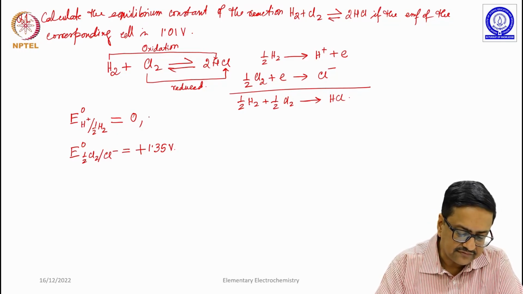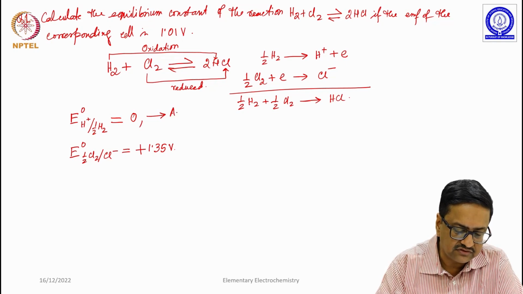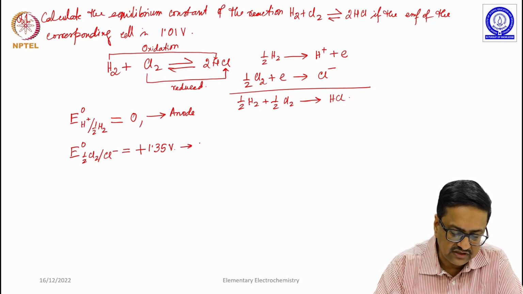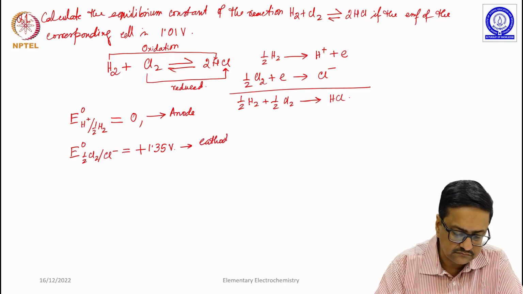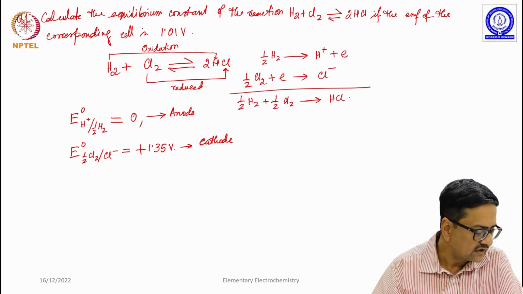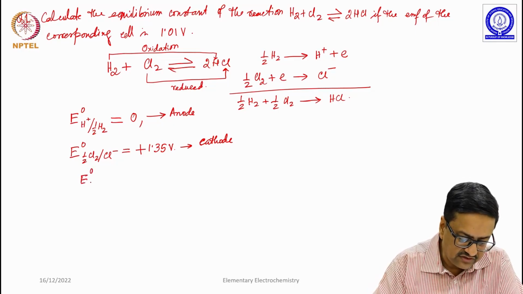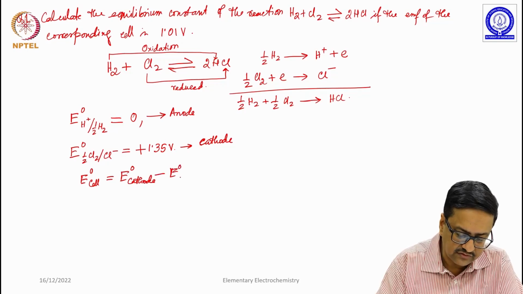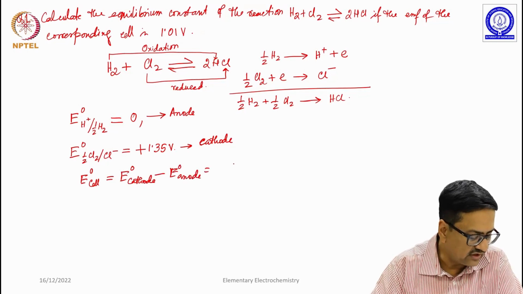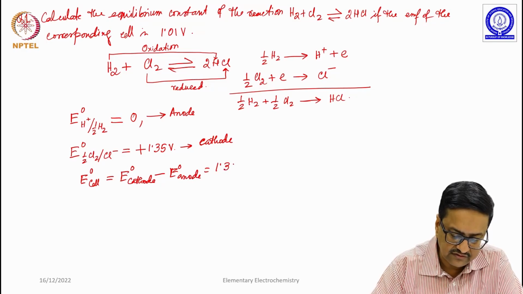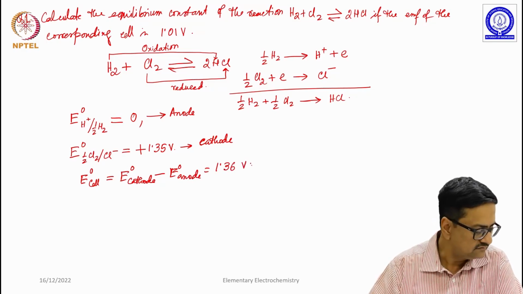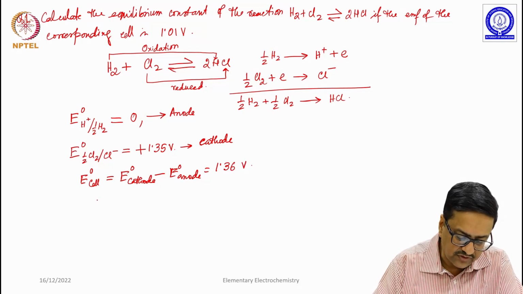Here this electrode is used as anode and the other as cathode. So E0 cell is nothing but E0 cathode minus E0 anode, which is equal to 1.36 volt.